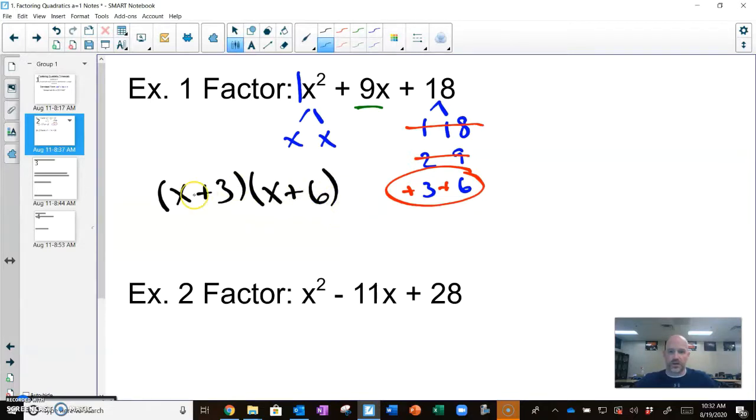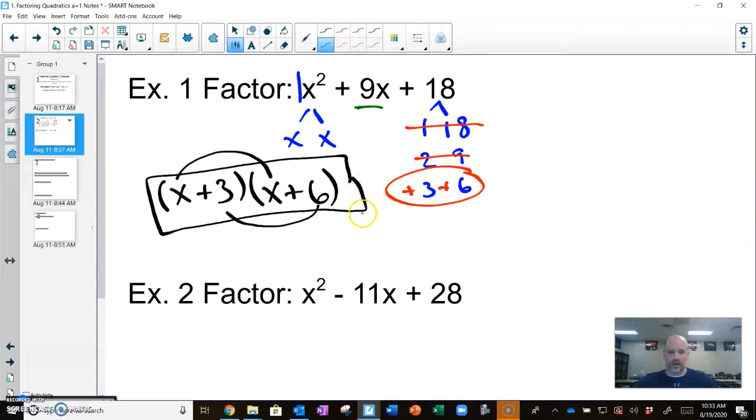This works because x times x using the distributive property will get me x squared, 6 times 3 will get me 18, and 3x and 6x will add up to 9x together. So this is the factored form of that particular polynomial.